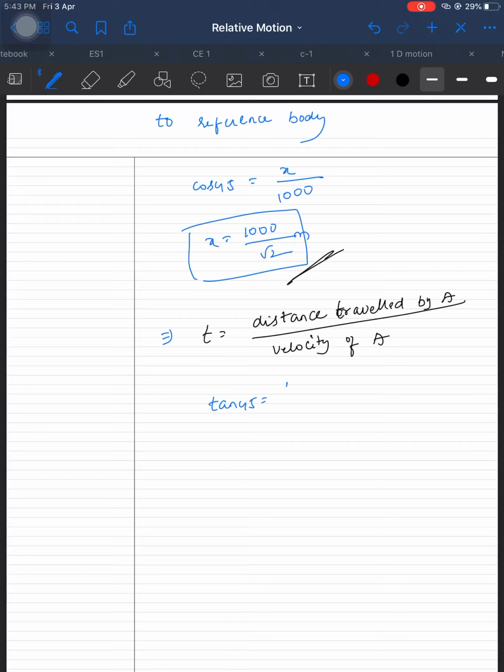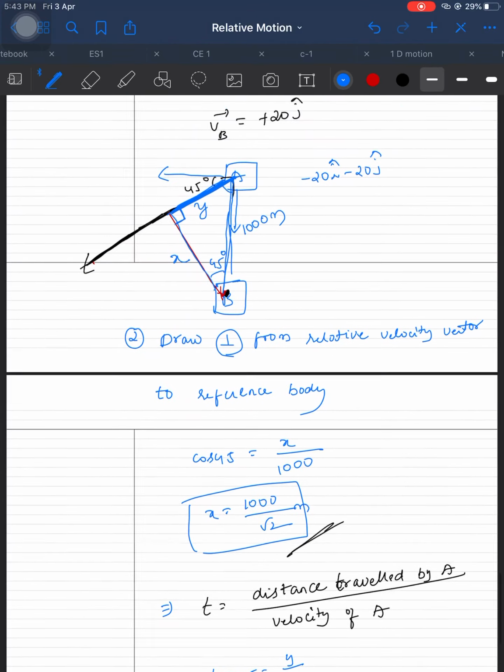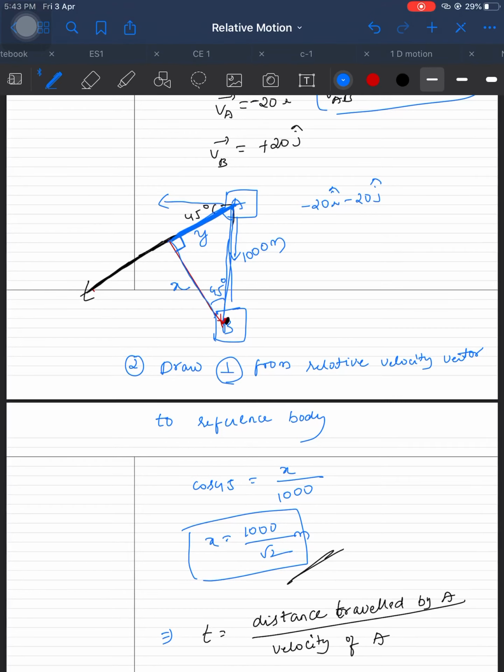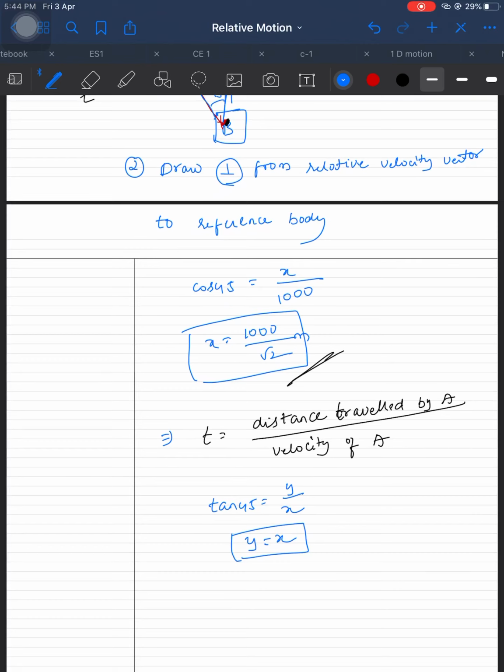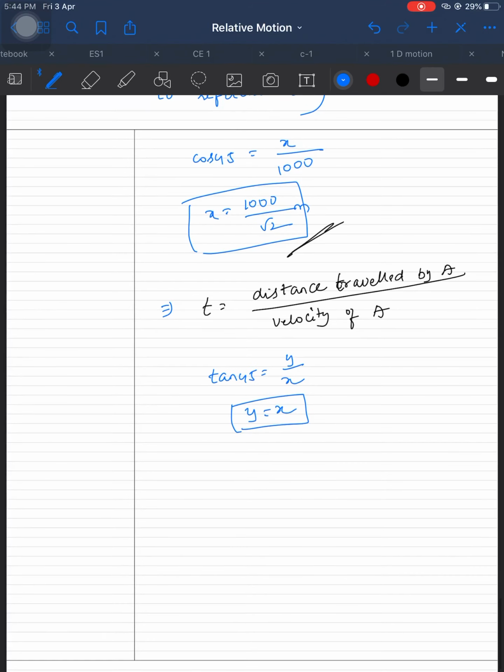Tan 45 is equal to y over x, considering this as y, so y is equal to x. Remember, this happened only for this case, not for every case is y equal to x. Here y is the distance traveled by A, and x is the shortest distance between A and B.